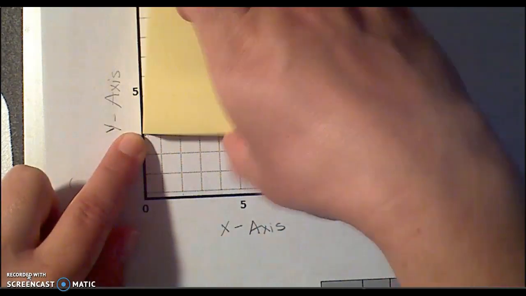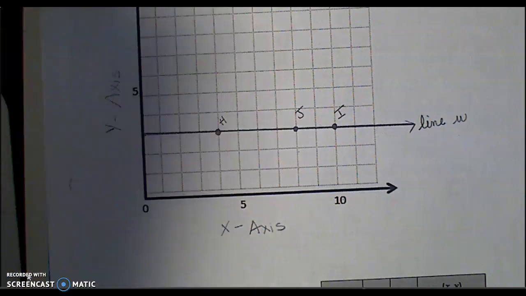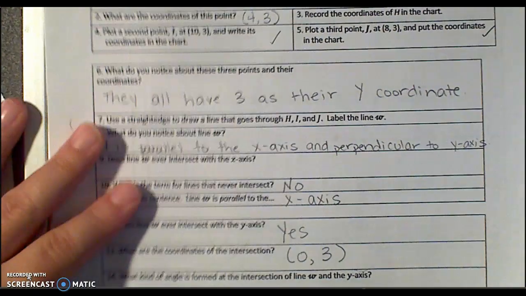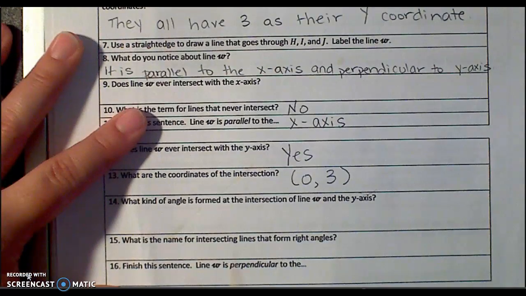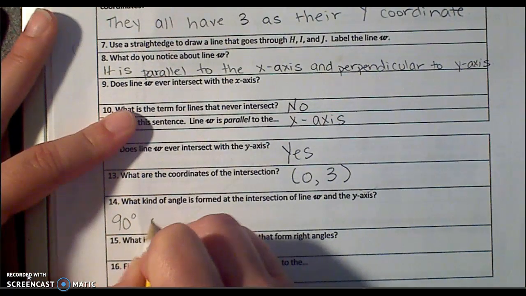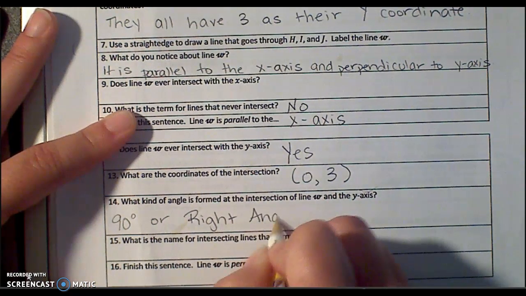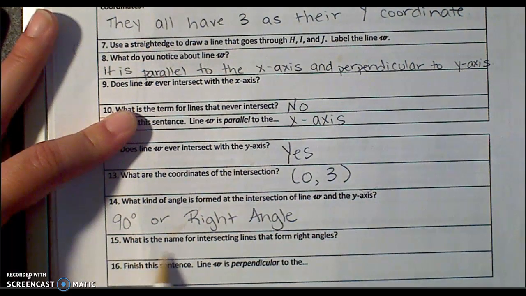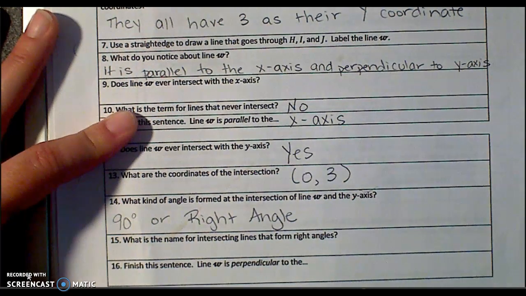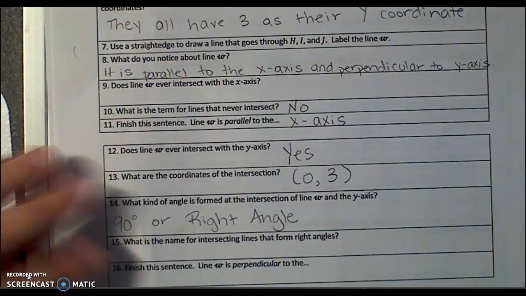So I know that it is forming a 90-degree or right angle. Can you see that? There we go. What kind of angle formed? 90-degree or right angle. What is the name of intersecting lines that form a right angle? And we call them perpendicular.